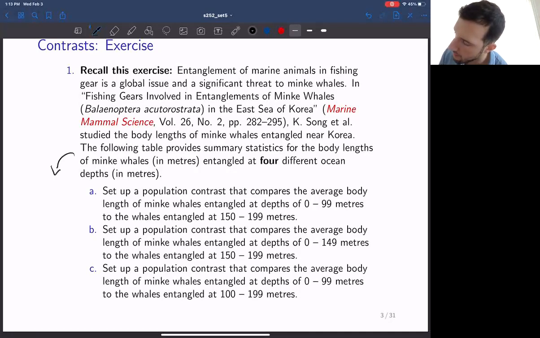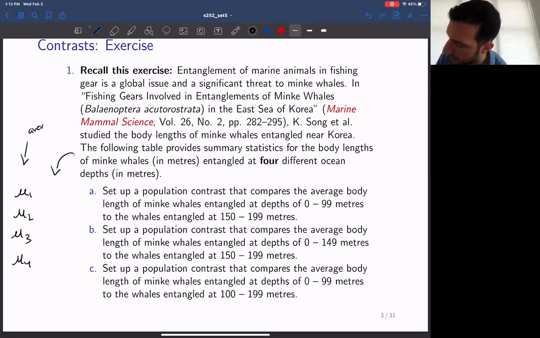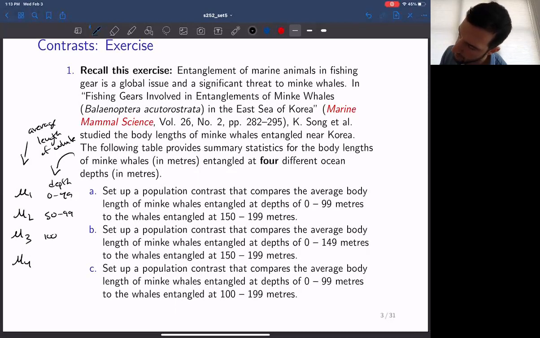So we have mu1, mu2, mu3, mu4, and each of these is the average length of whale, just at different depths. This was depth 0 to 49, 50 to 99, 100 to 149, 150 to 199.